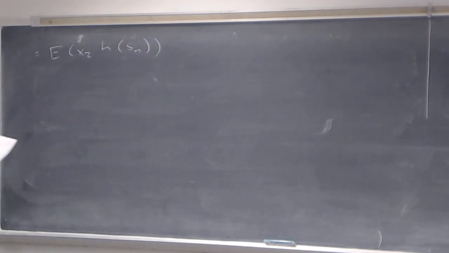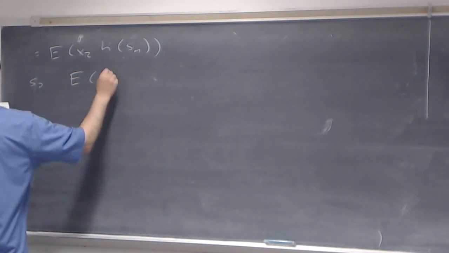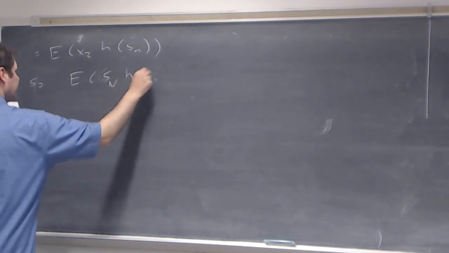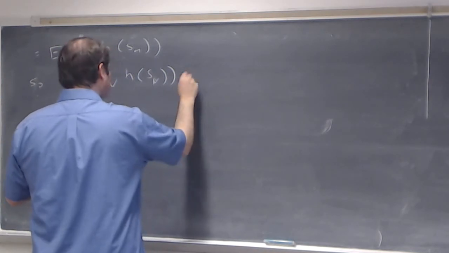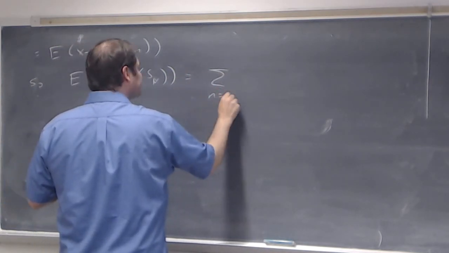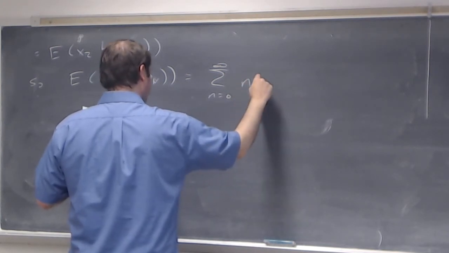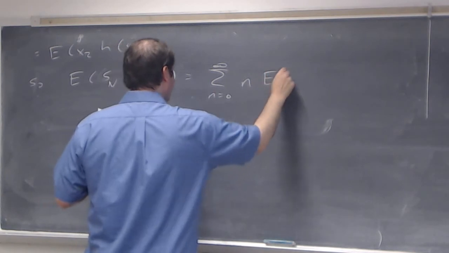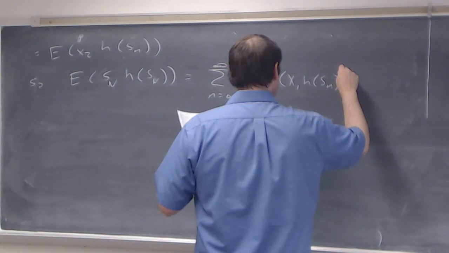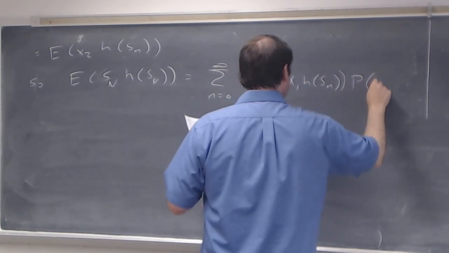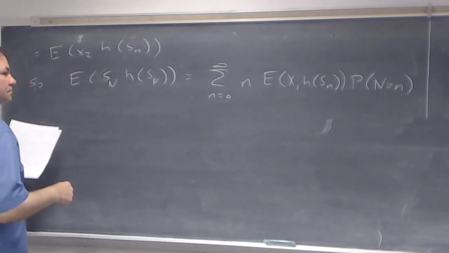Okay. So, the expected value, where we were, of h of S of N, what we're interested in, that's equal to the sum as n runs from 0 to infinity. We had a double sum here, but we can replace that inner sum by n times the expected value of X of 1 times h of S of n, times the probability that big N is equal to little n.